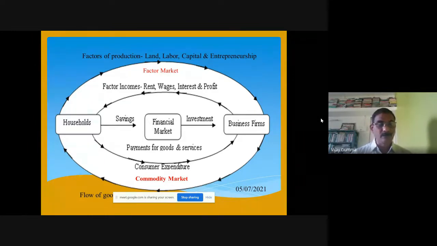So in this diagram, the left-hand side triangle represents the household sector, and the right-hand side triangle represents business firms with the financial market.